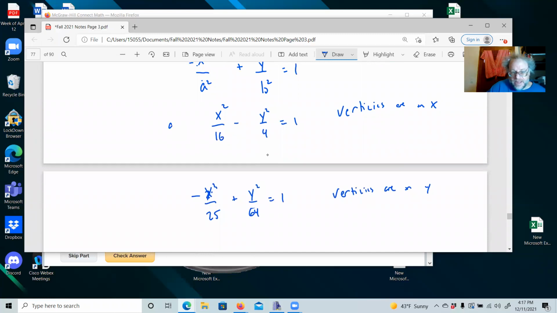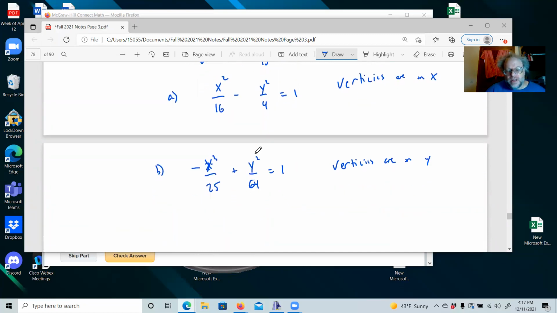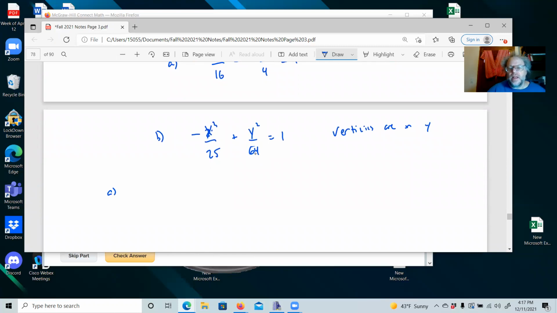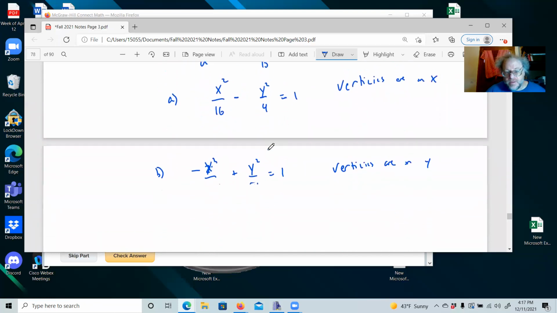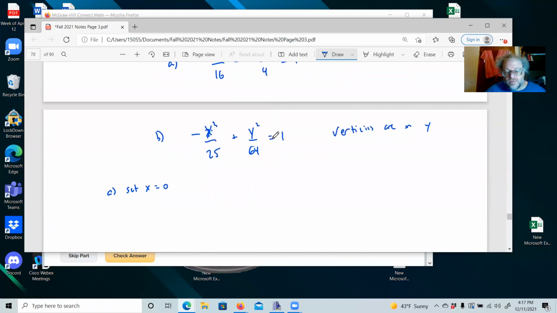Okay, so that's how you tell which way is going to be which. So if we have an a and a b here, look at a. What we're going to have is, again, the method of intercepts. It's a very powerful tool for graphing. So set x equal to 0 and ignore the negative. We get y squared over 4 equals 1, so y squared is equal to 4, y is equal to plus or minus 2.